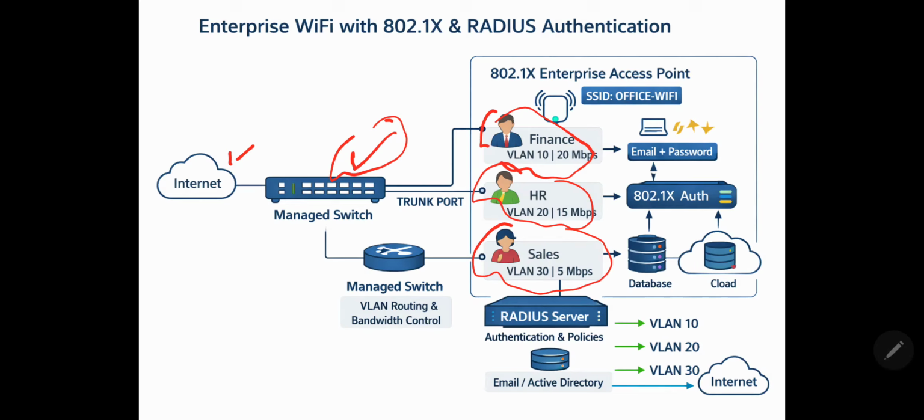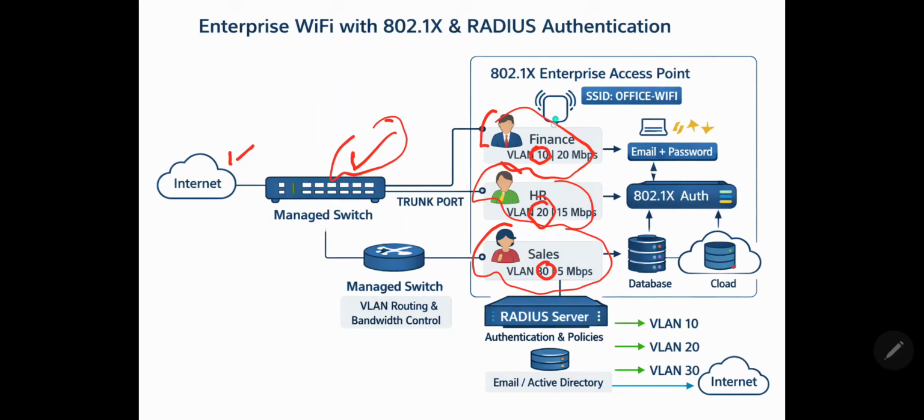It connects the internet to the internal network. It separates traffic into different paths, VLANs. For example, VLAN ID 10 for finance, VLAN ID 20 for HR, and VLAN ID 30 for sales. It controls bandwidth and routing.